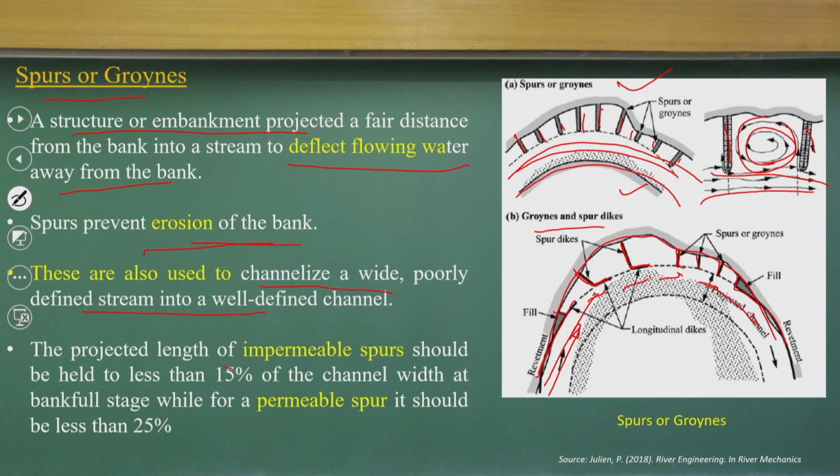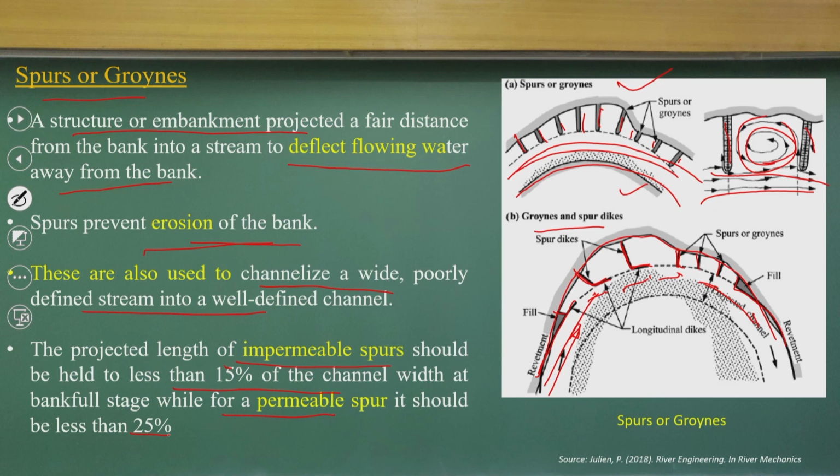The projected length, if you have impermeable spurs through which water cannot pass, can be less than 15% of channel width, but in case of permeable spurs, through which water and sediment can pass, it can go up to at maximum less than 25%. That means we can use permeable spurs over 25% of the river width, but impermeable spurs at most 15% of channel width.